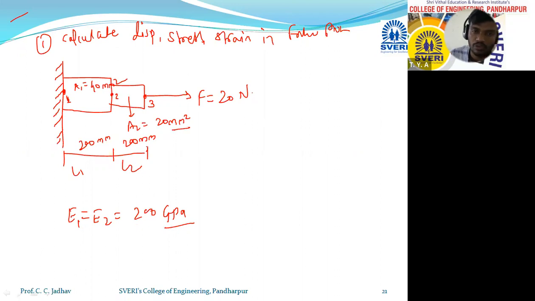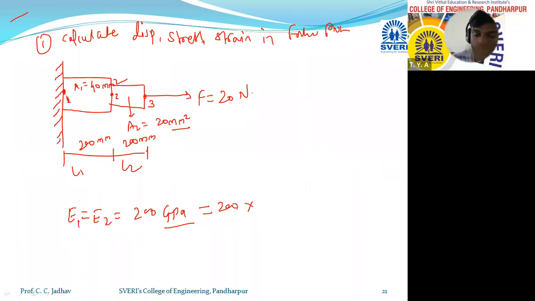So we have to convert this gigapascal into mm units. So anyone, please help me to convert this unit. Anyone? We have to convert this gigapascal to megapascal. So how to convert? Anyone, please tell me how to convert the gigapascal into megapascal unit?